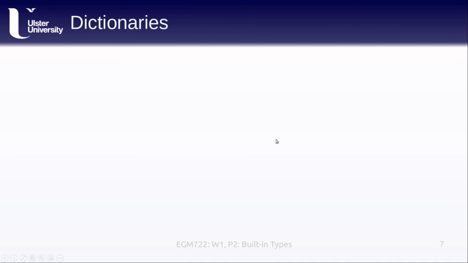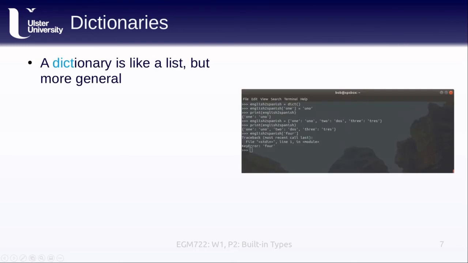The last built-in type that we will talk about today is something called a dictionary. This is very similar to a list or a tuple, but it's significantly more general. The list indices, as you saw, are always integer values.